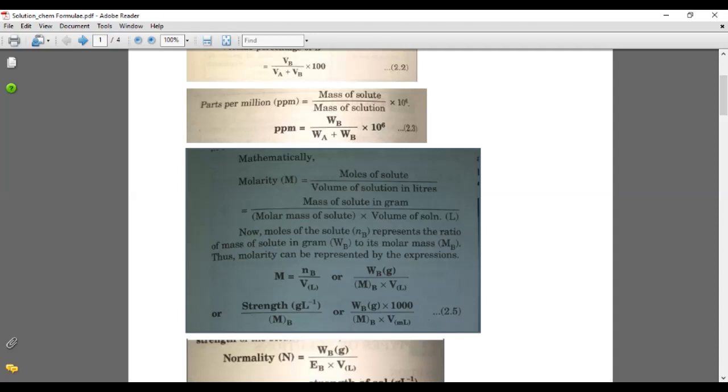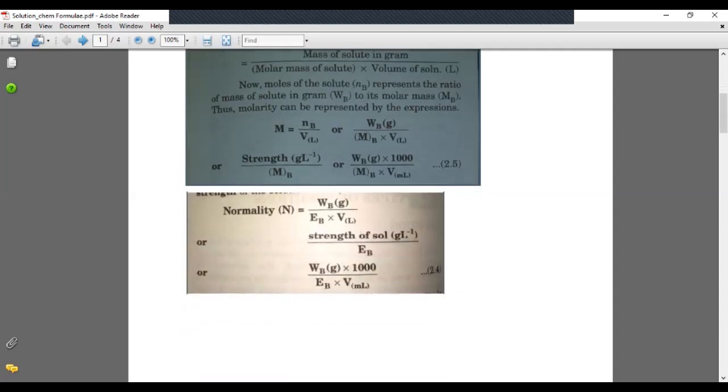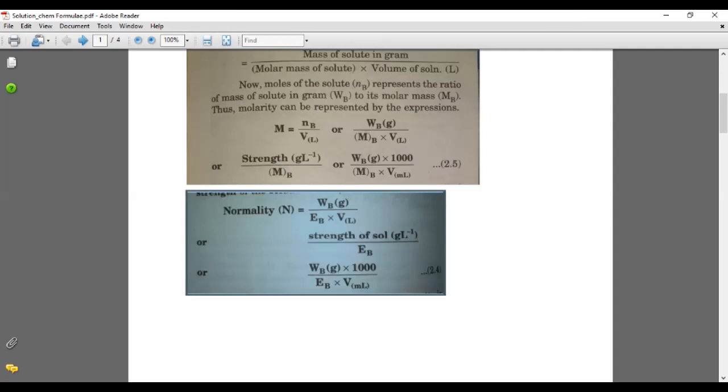So again here we see normality is also temperature dependent like molarity, for the same reason, because volume is also considered here. So if you are given N NaOH solution, the very simple meaning is 1 gram equivalent of NaOH is dissolved in 1 liter of solution.